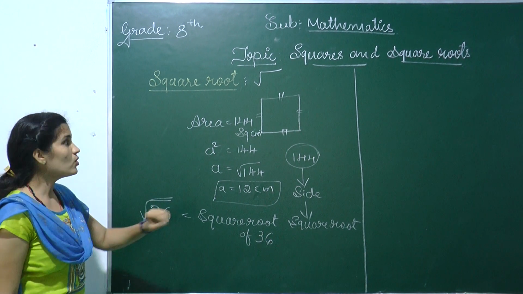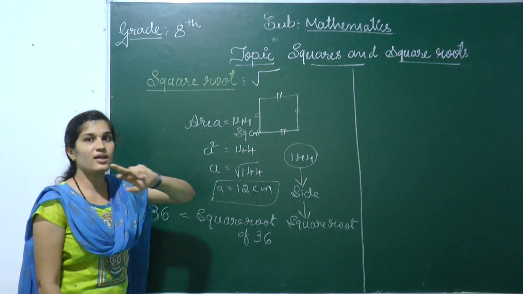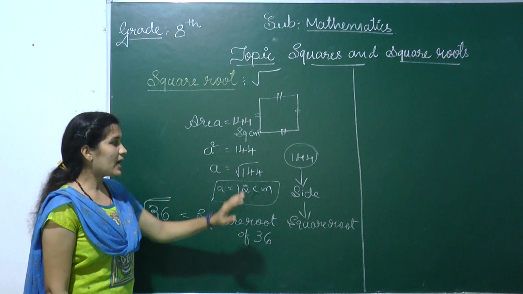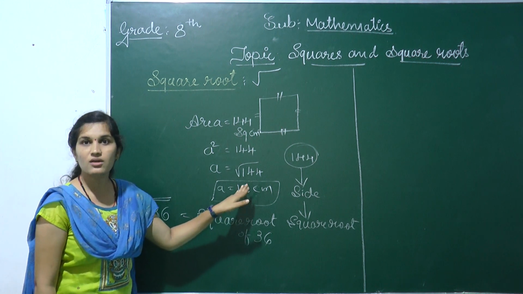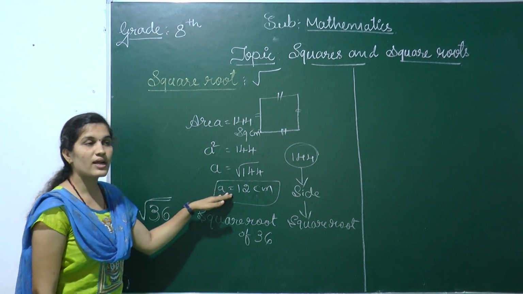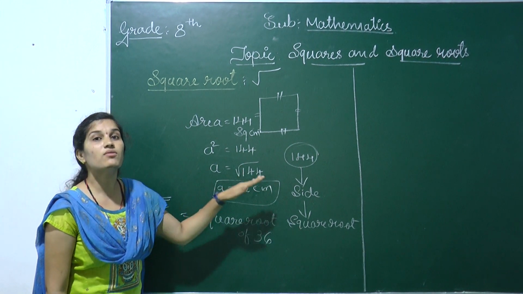Now you know what the square root is. In the previous class, I said that the area of a square can be found by multiplying the given number twice. Now we are finding the reverse of this.